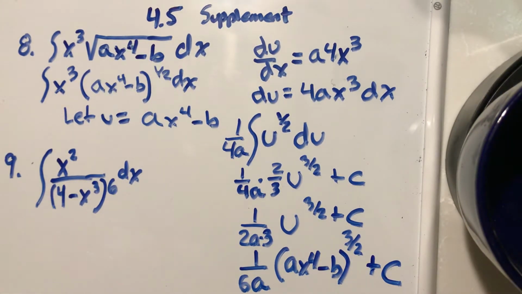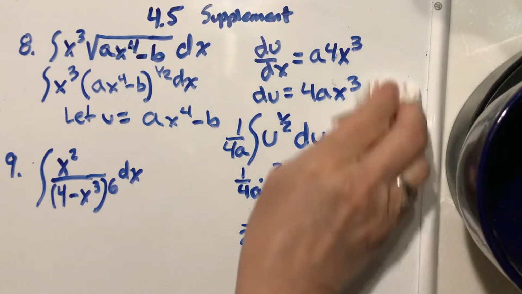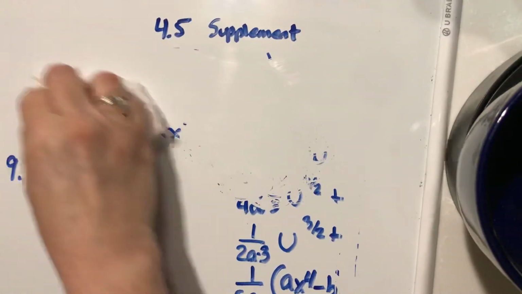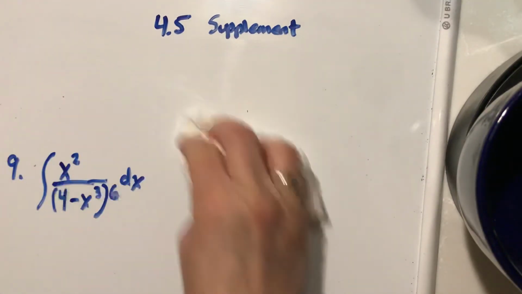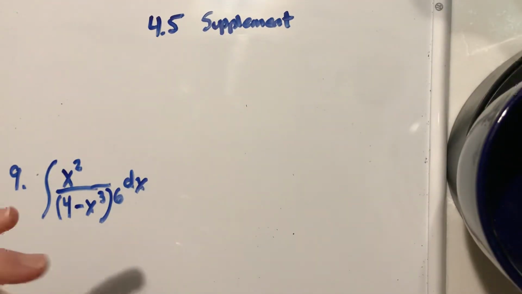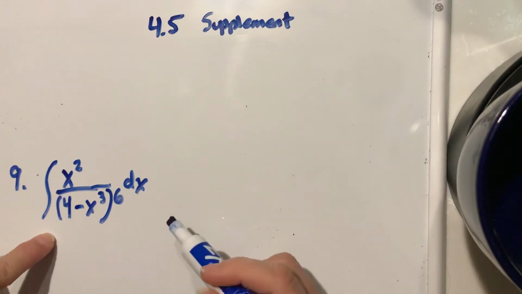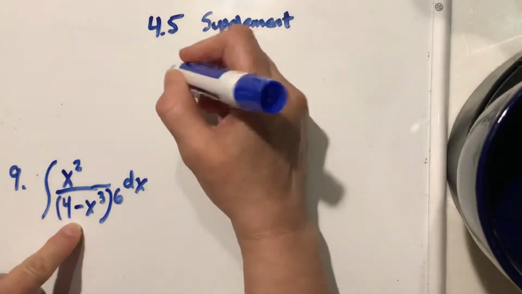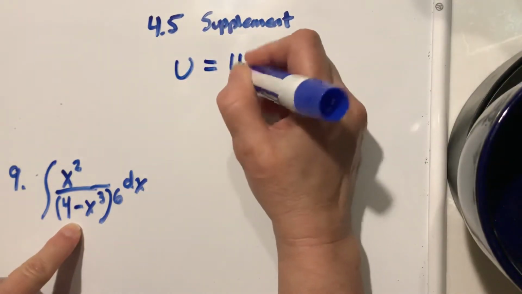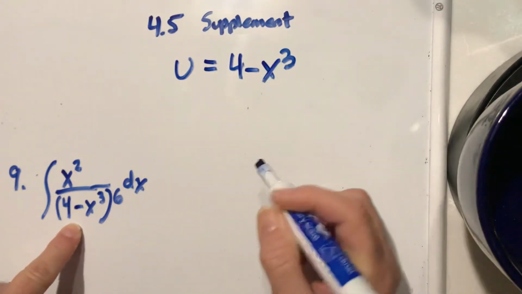Okay, so let's go on to number 9 now. Okay, number 9. What we see here is I'm going to let u equal this right down here. So u equals 4 minus x cubed.